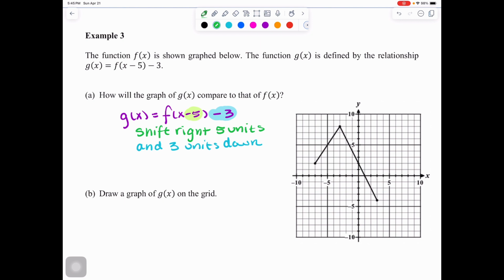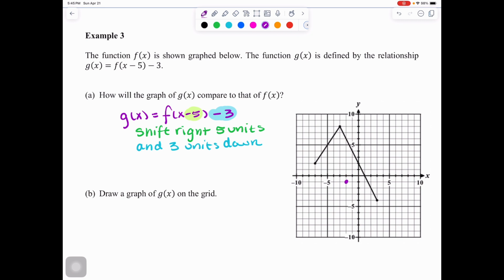So once again, I'm going to find those critical points, but if I look at the graph, I find that they've already done that for me. I see that we have 3 points on the original piecewise function, and those are the ones I'm going to use to make my shifts. So I'll start with negative 7, 2. I'm going to shift that right 5 units and down 3.